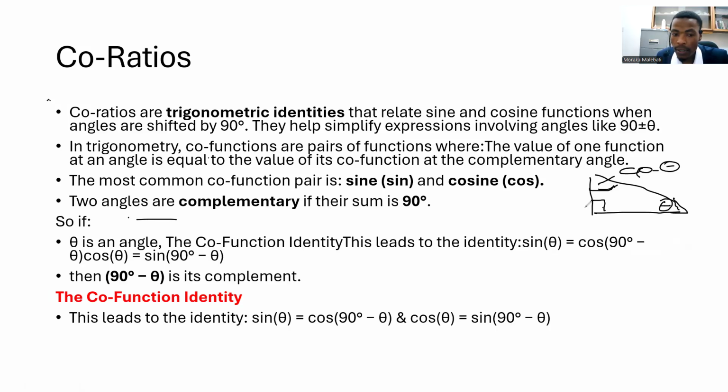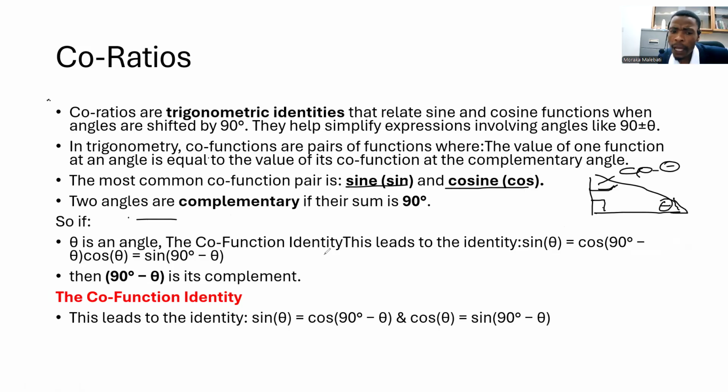So we say sine and cosine are co-functions, so the two angles are complementary and must add up to 90 degrees.